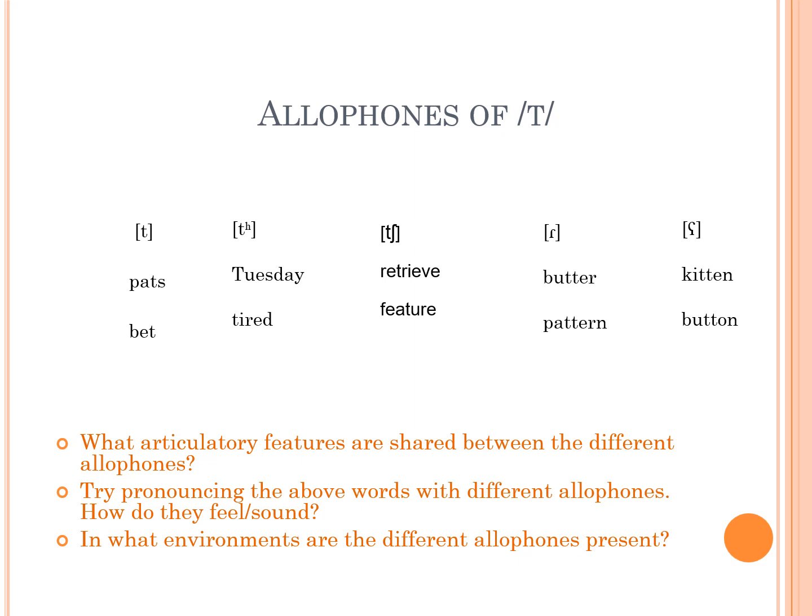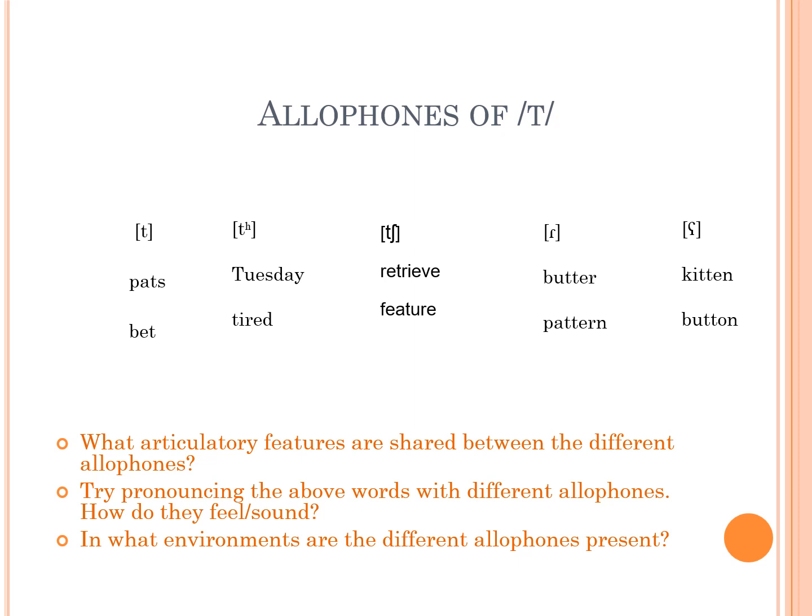So if I say retrieve or feature or pattern, where I have the actual t there, or if I try to, and some of them are practically impossible to say, like try saying Tuesday with the glottal stop at the beginning, or Tuesday with the ch. It changes it completely. With the glottal stop, I can't even do it. So that's a fun thing to do. You can see how easily entertained psycholinguists are.